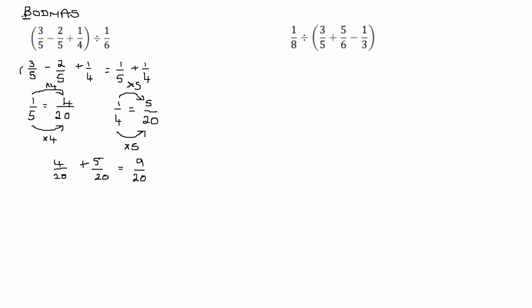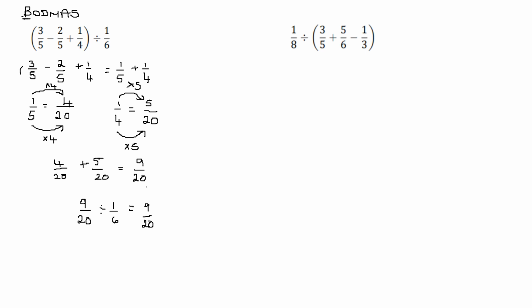So now we can substitute our 9/20 into our original question in place of the bracket, because we've worked the bracket out. And we now have this, 9/20 divided by 1/6. So we've now got 9/20.